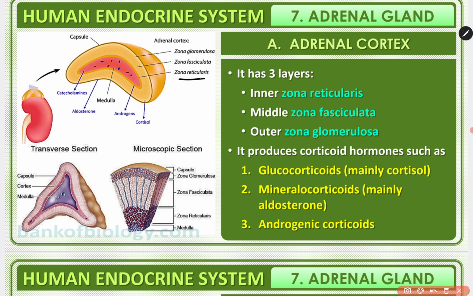It produces corticoid hormones such as glucocorticoids, mainly cortisol, mineralocorticoids, mainly aldosterone, and androgenic corticoids. Three corticoid hormones are produced.